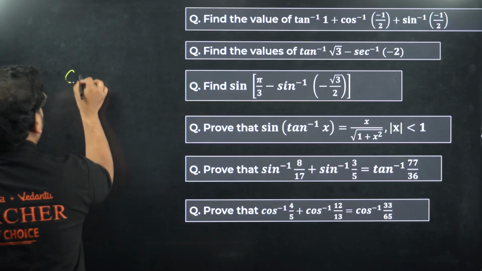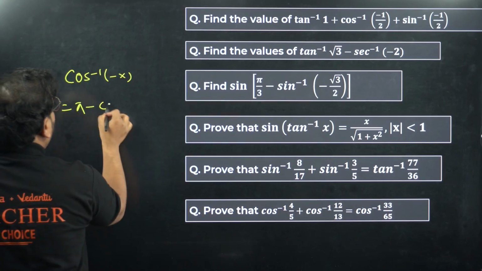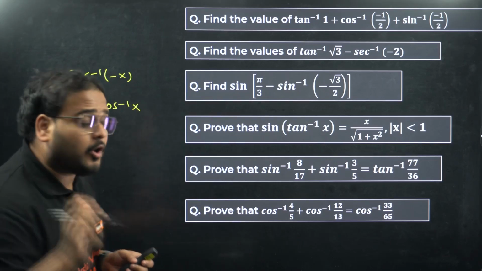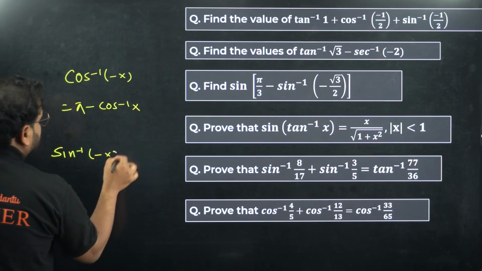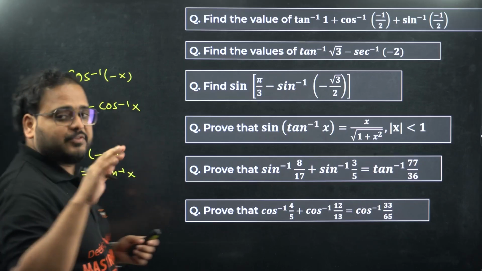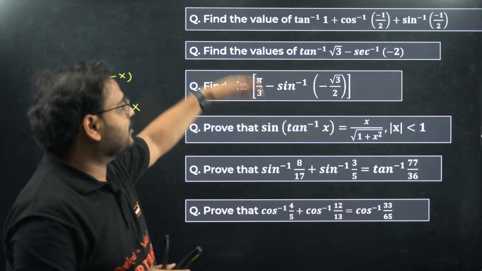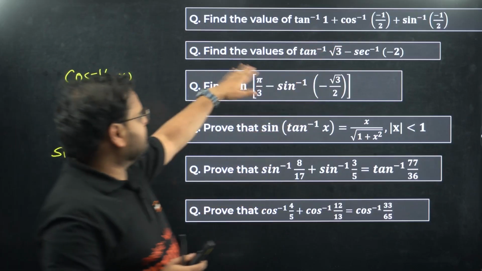We know cos inverse of minus x is pi minus cos inverse of x. This is for a function which is neither odd nor even, or for this type of function where sine inverse of minus x equals minus sine inverse of x. So if you remember these properties and the special angles, then you'll know how to solve these questions. Okay, similar question is 1 and 2.